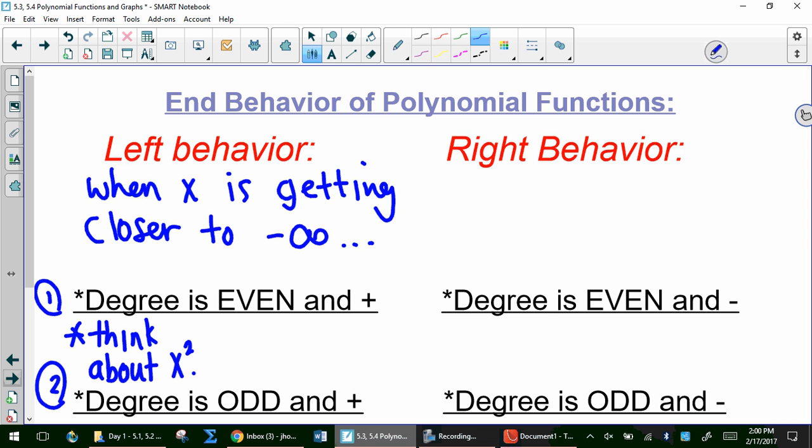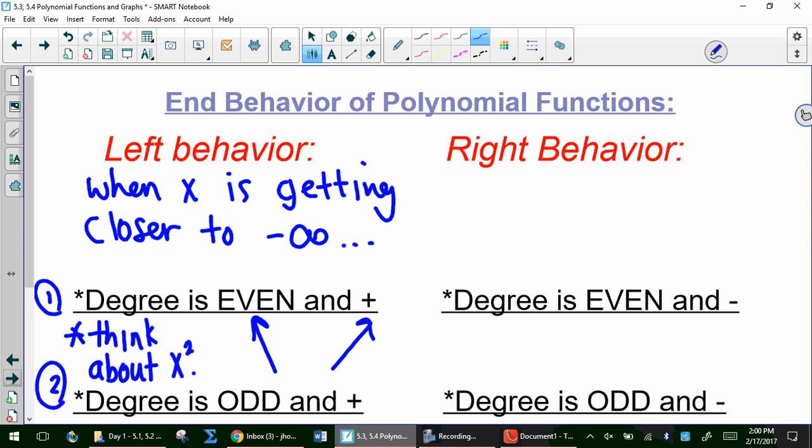So if the degree is even, you're finishing upward. Upward on the left, and then right behavior is upward on the right.